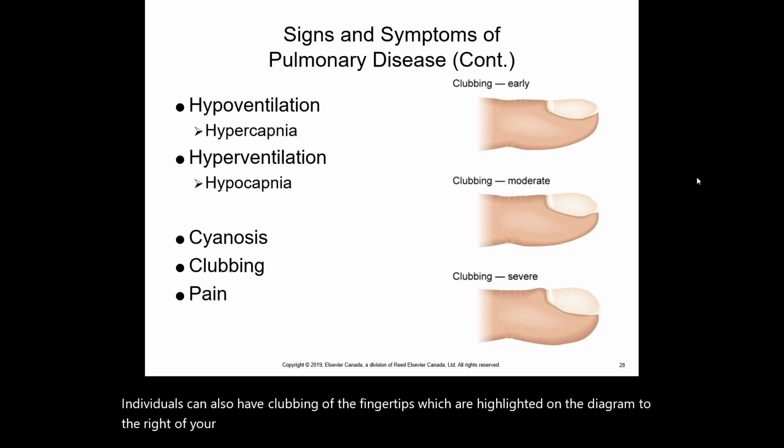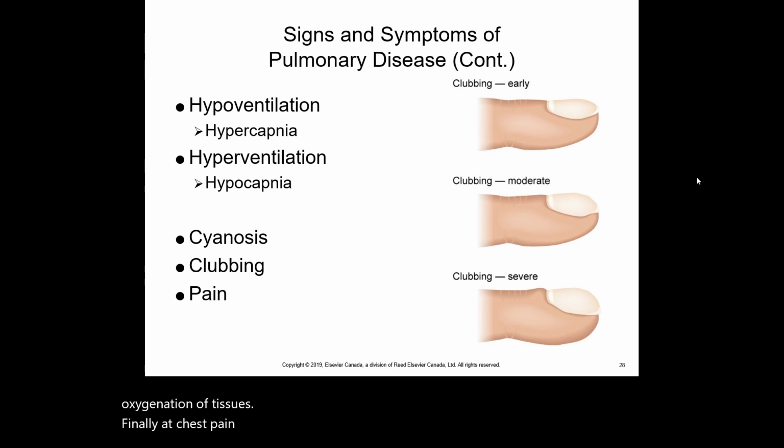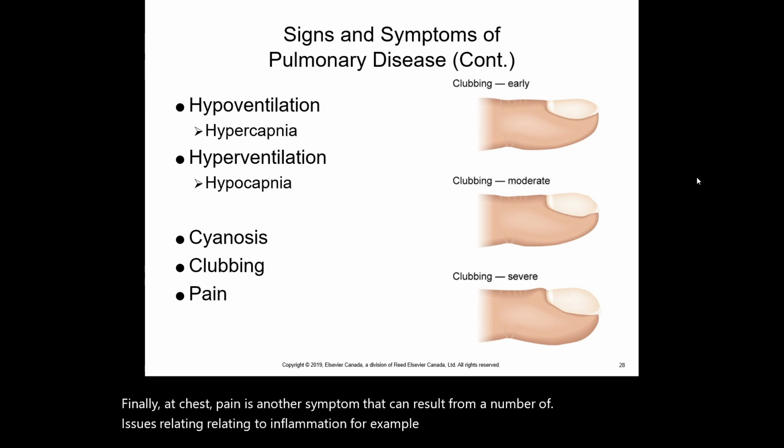This is associated with diseases that essentially interfere with the oxygenation of tissues. Finally, chest pain is another symptom that can result from a number of issues relating to inflammation, for example, of the trachea, bronchi, ribs, or respiratory muscles.